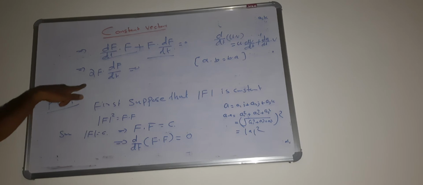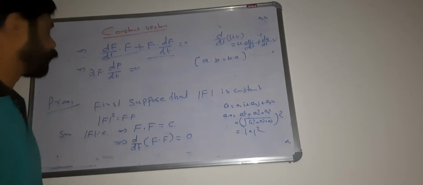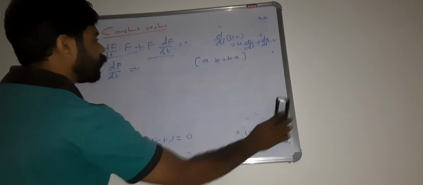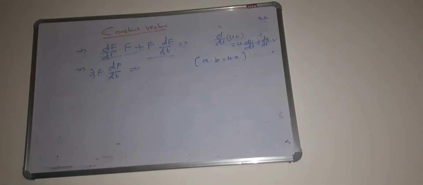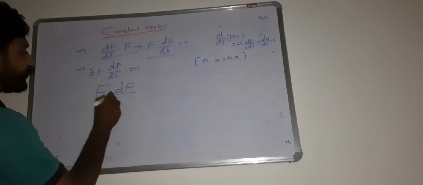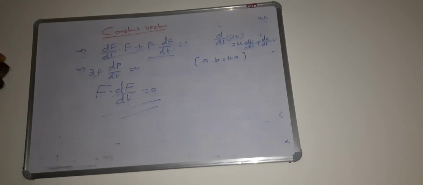So 2 f dot df by dt equals 0, which implies f dot df by dt equal to 0. So if the magnitude is constant, then f dot df by dt equal to 0.